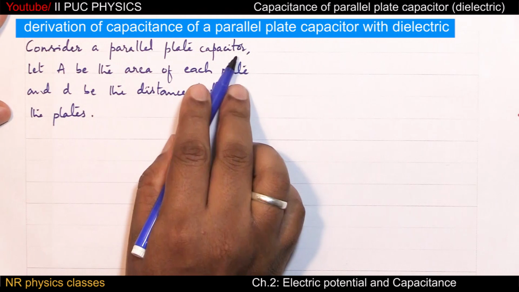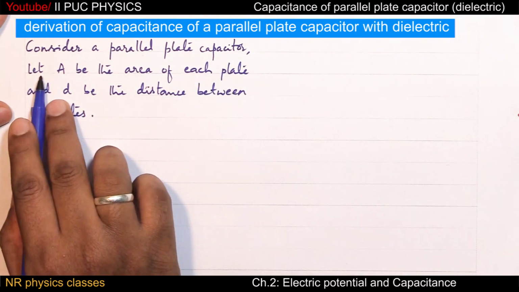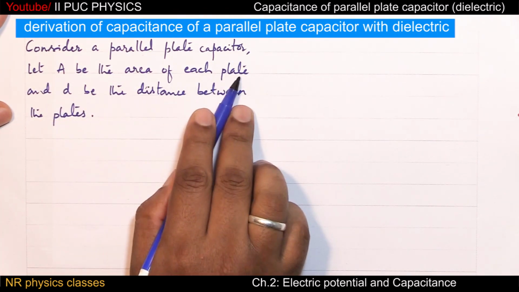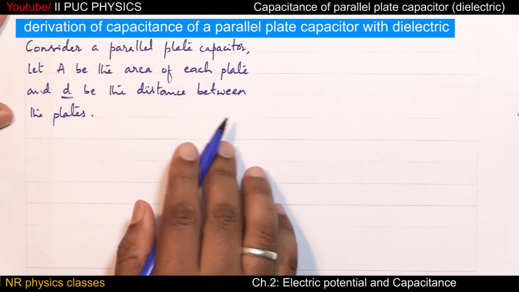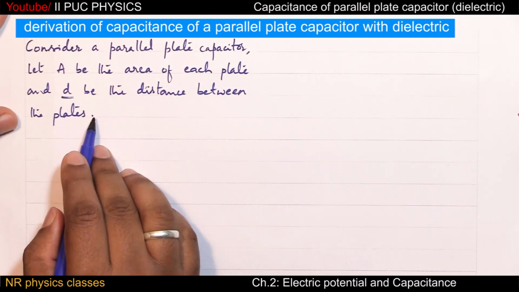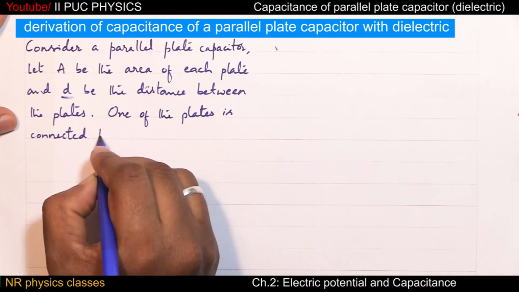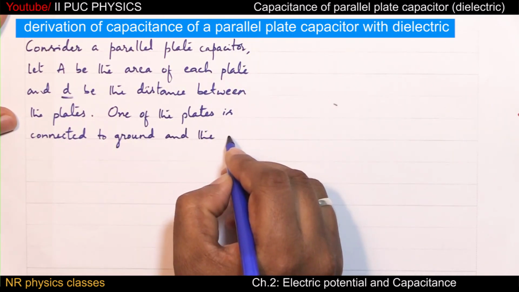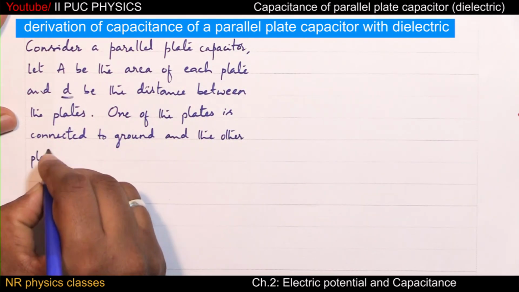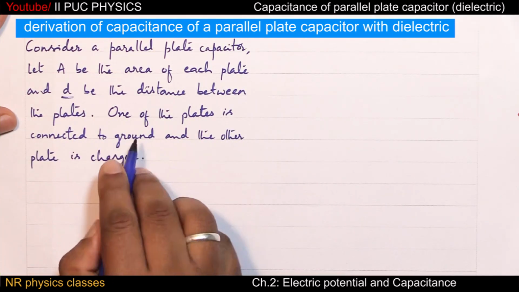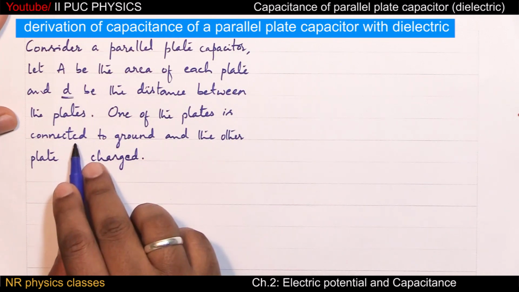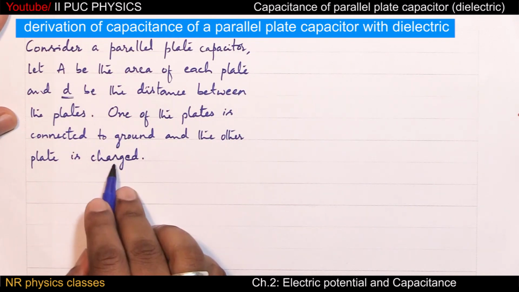Consider a parallel plate capacitor. Let A be the area of each plate and d be the distance between the plates. One of the plates is connected to ground and the other plate is charged.